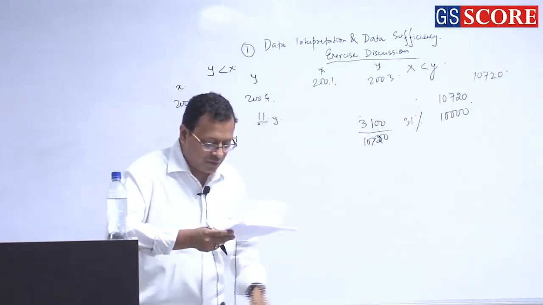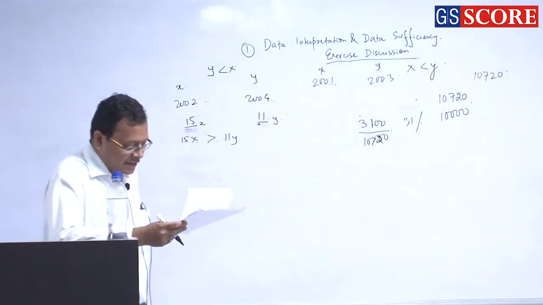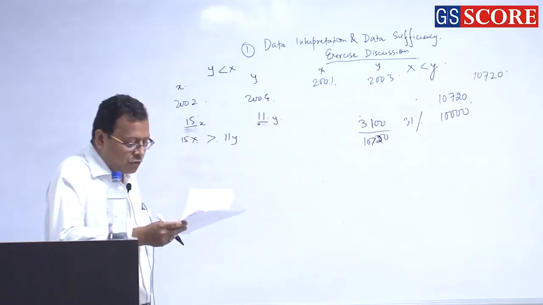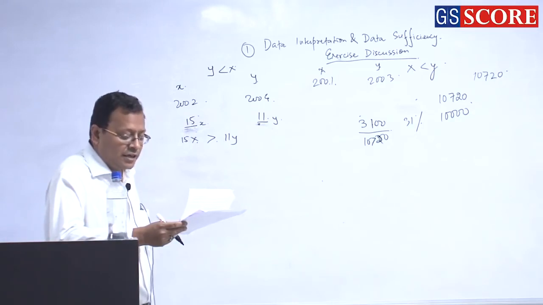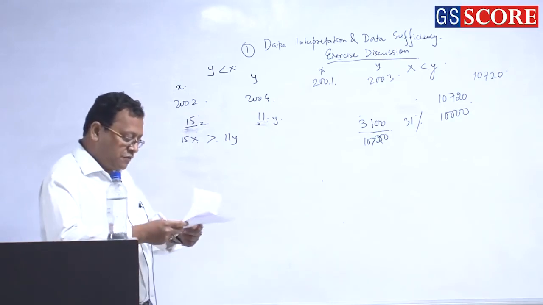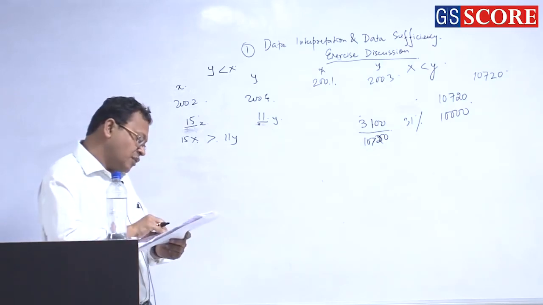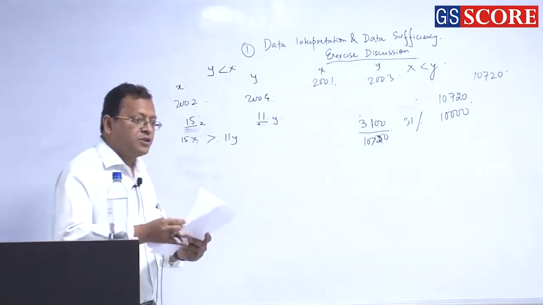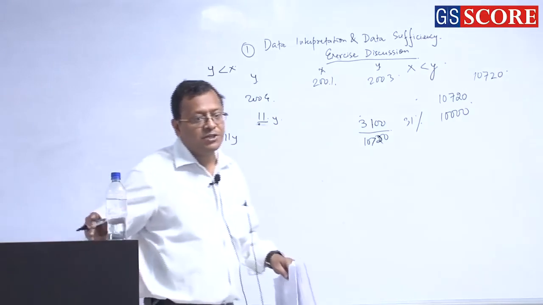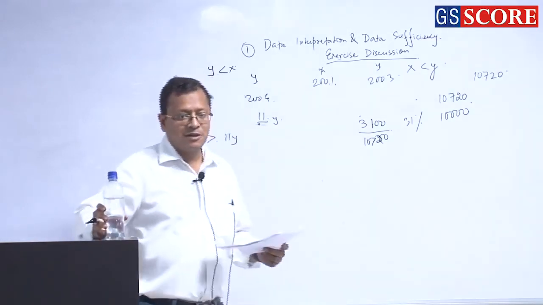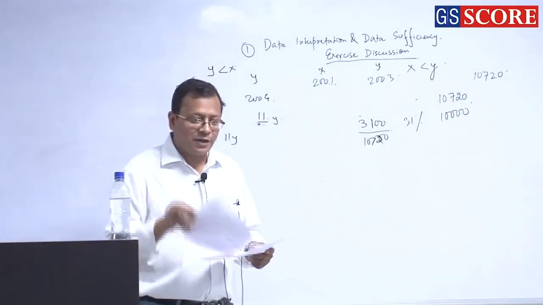So let the options be 419 and 403 is how much? 800. 800 and 700 is how much? 1500. 1500 and 700 is how much? 2200. 2200 by 10,000 is nearly 22%. It will not be 20.3%. That you can definitely say now.